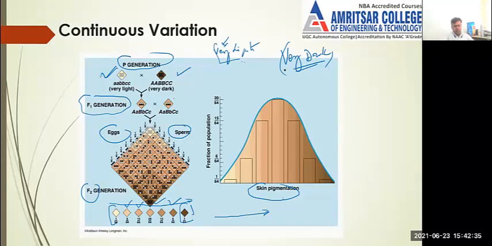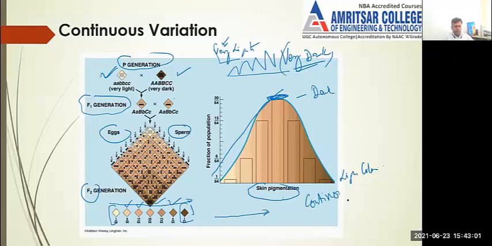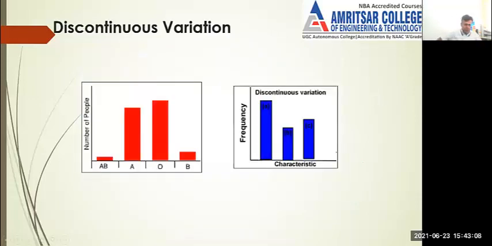But because of various genes, you can see the different shades. Okay, that's why you are getting these peaks. So these peaks denote dark color, and this denotes the light color. Okay, so which means there are continuous variations.